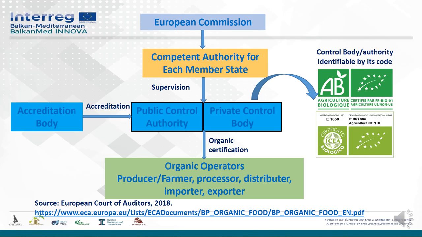This competent authority works with and supervises accreditation bodies, which are bodies that do accreditation, either public authorities or private control bodies. Public control authorities or private control bodies depend on the country.